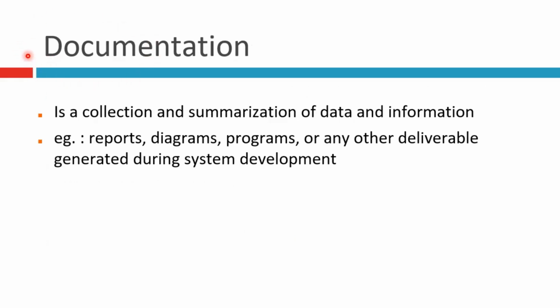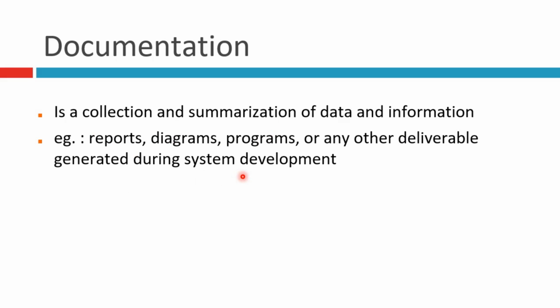Documentation. You will go through the documentation during the SDLC part later. There are parts that involve certain documentation. Right? What is documentation? Documentation is the collection and summarization of data and information. Documentation can be as simple as reports, diagrams, programs, or any other deliverable generated during system development.